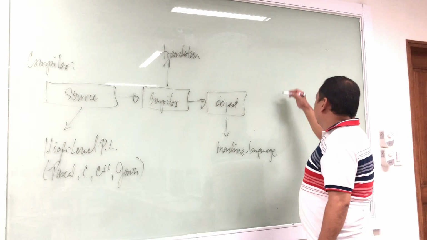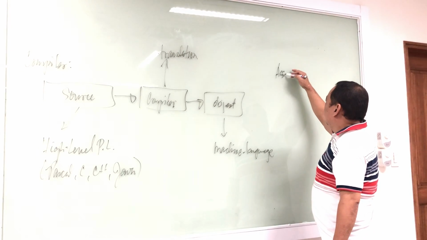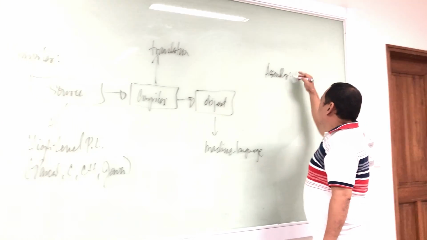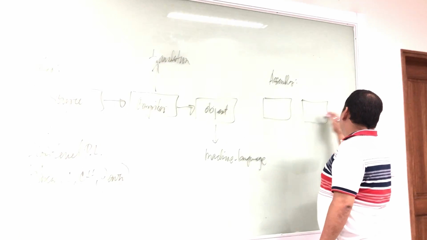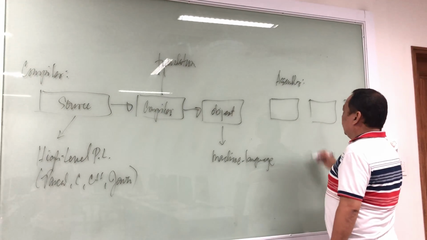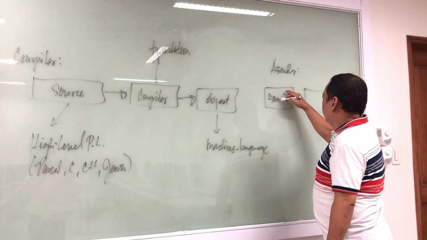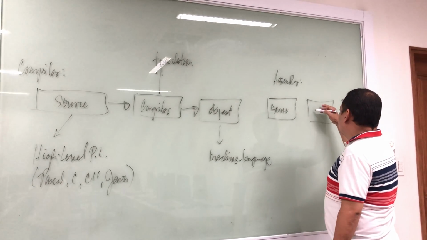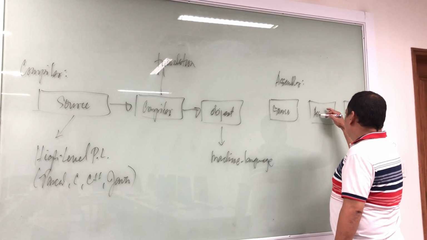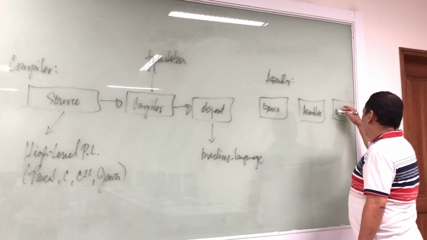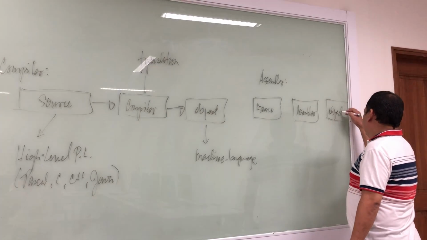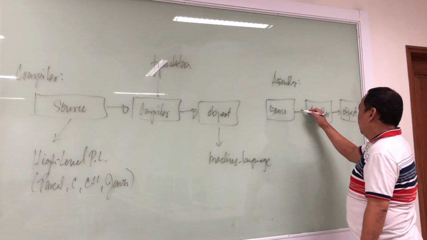Now, the counterpart of that will be the assembler. Okay? It's almost the same picture. You have the source program, you have the assembler being the compiler, and then you have the object program. What makes it different?